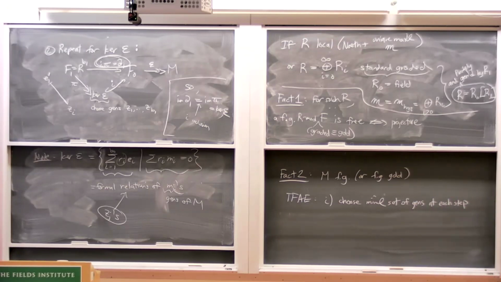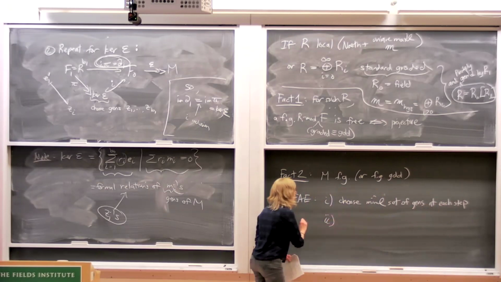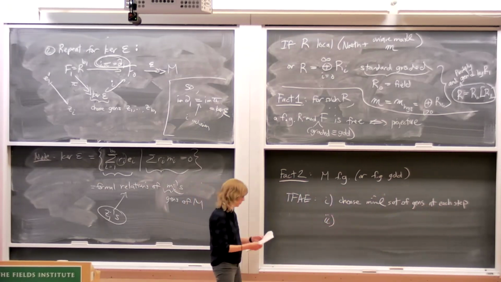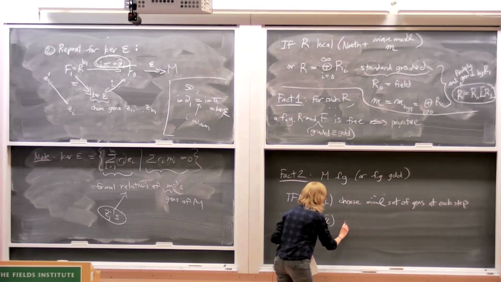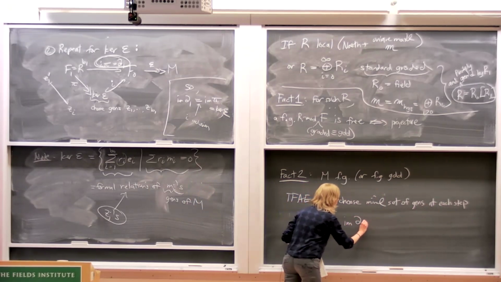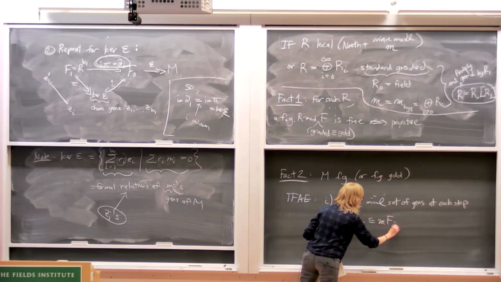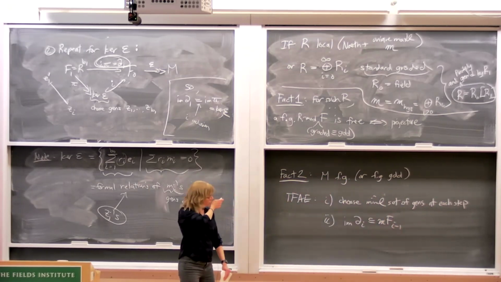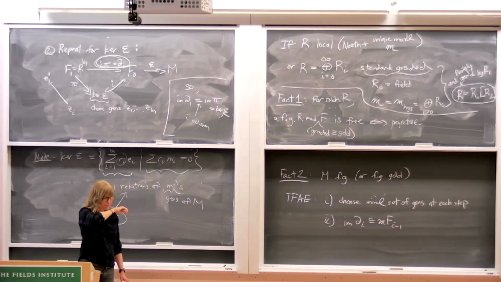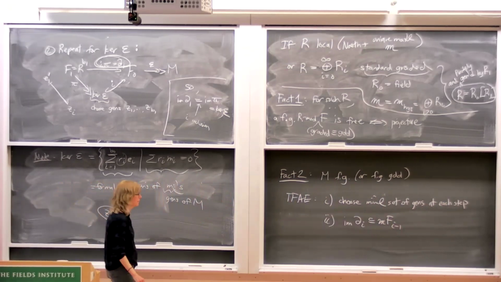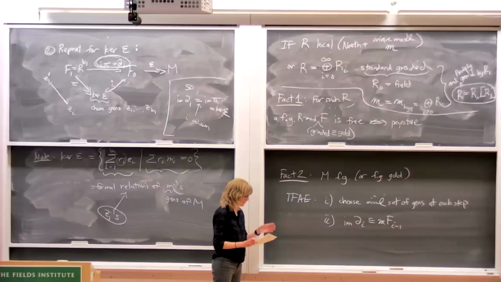If you choose a minimal set of generators at each step, the complex that you get is equivalent to having, sorry, my grammar's off, but you know what I mean. If you did this, it's the same as asking that the image of each differential is contained in the maximal ideal times the previous free module. So it will never hit a basis element or something that could be part of a basis. That is equivalent.